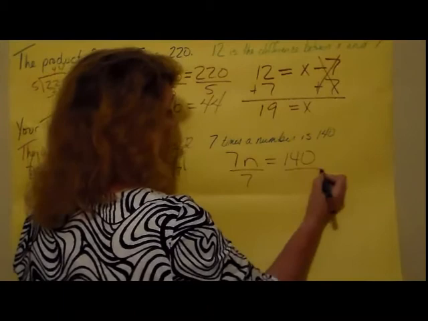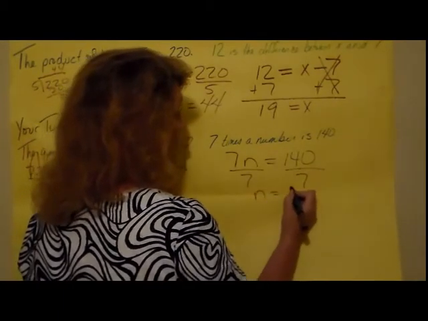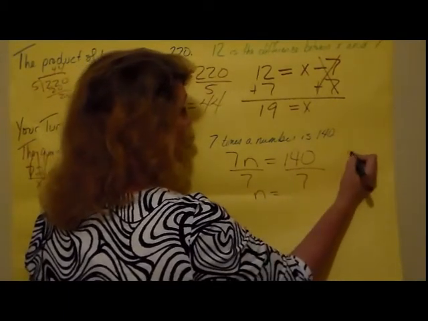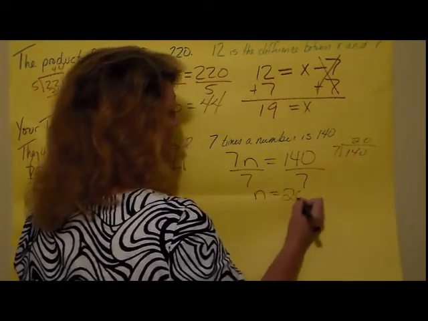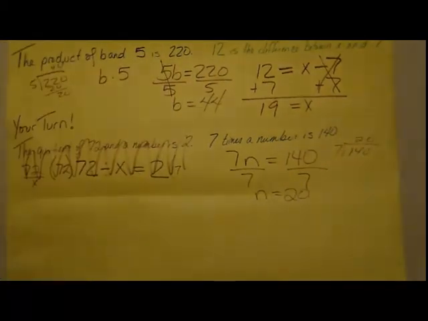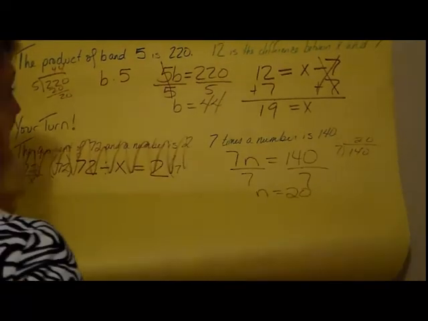And divide each side by 7, and n equals 140 divided by 7, 20. Okay?